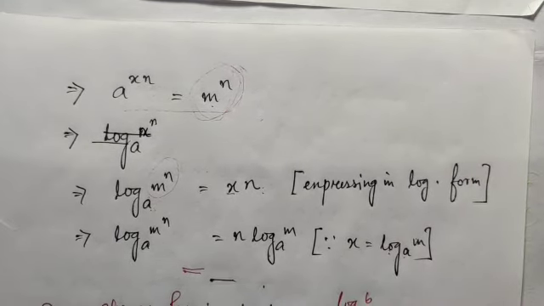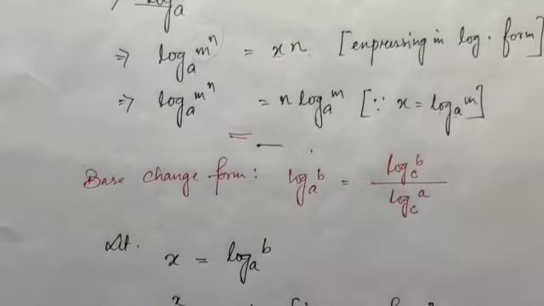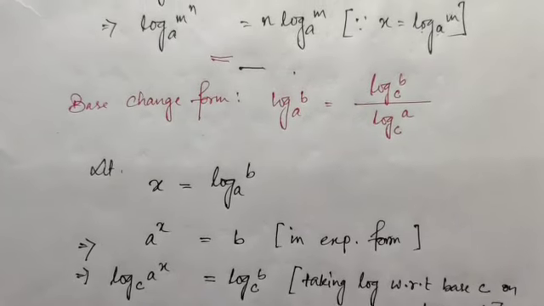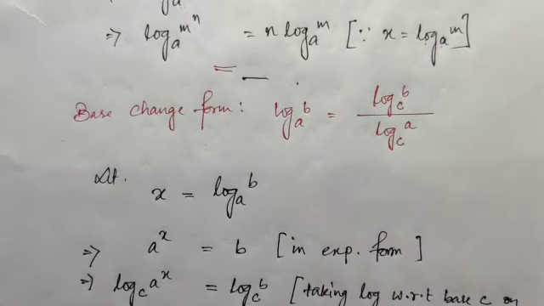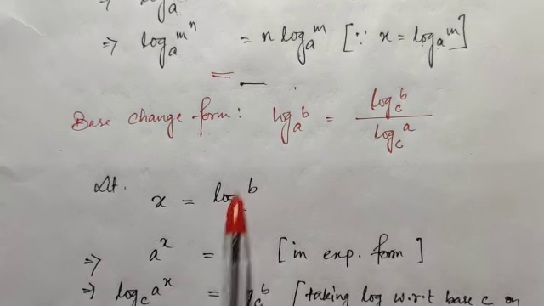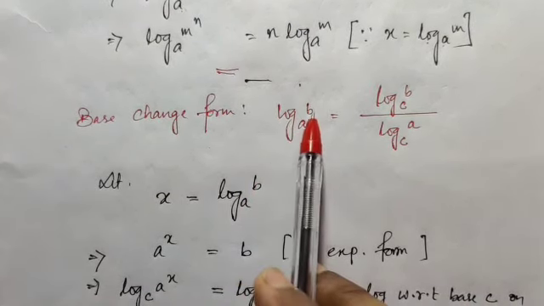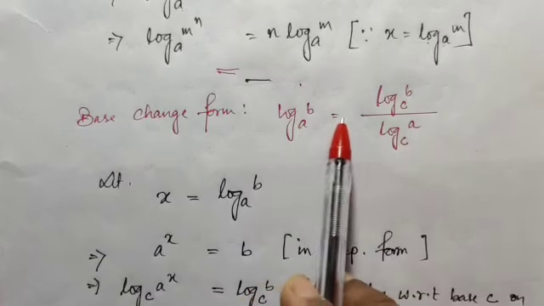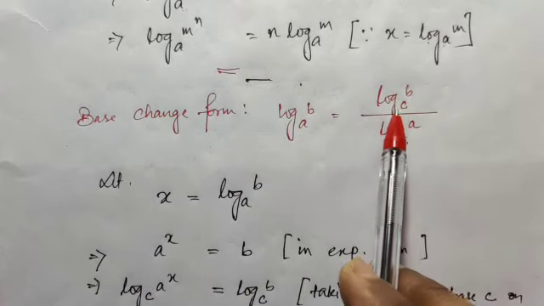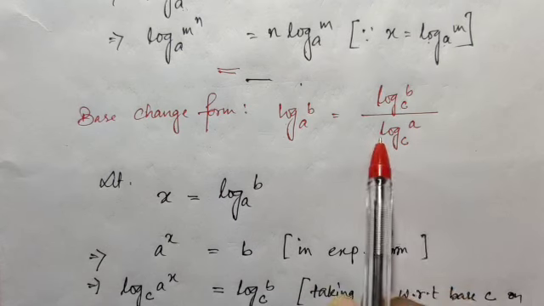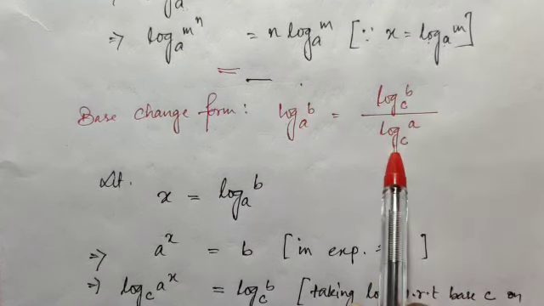Next proof is the base change form. When we are changing the base, let us say we have log b with respect to a is equal to log b with respect to base c by log a with respect to base c.